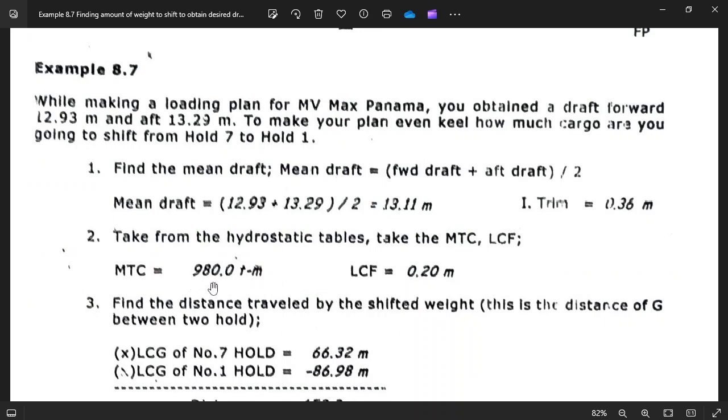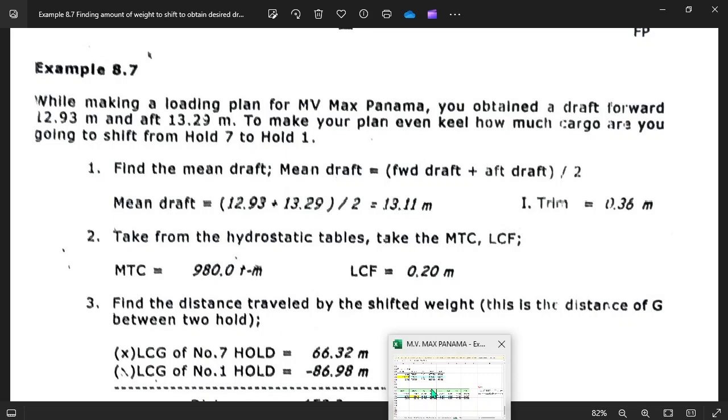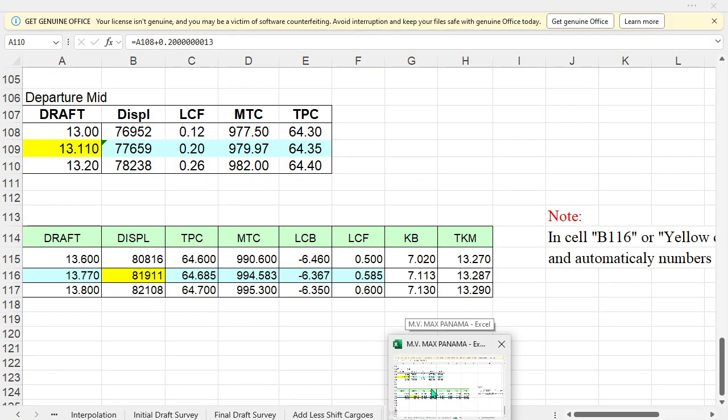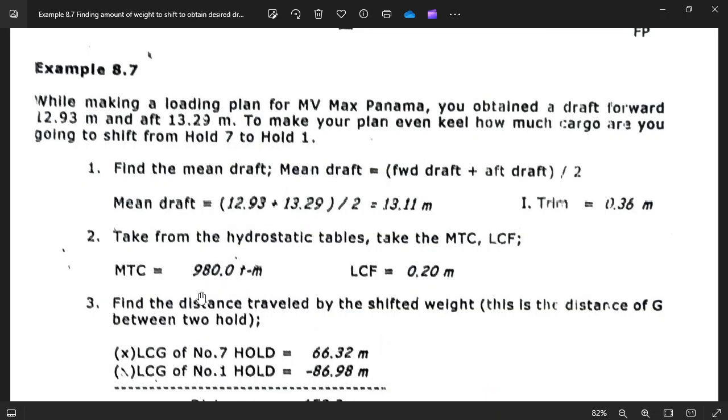MTC at 13.11 is 980, but it says 979.9, so that is 980. Just round it up to 980, and LCF is 0.20.